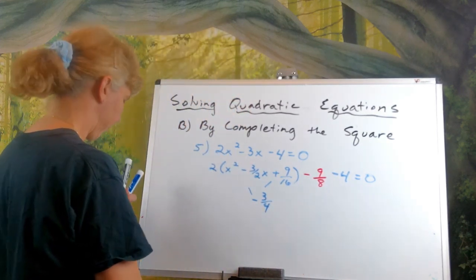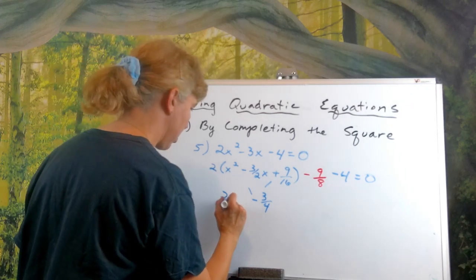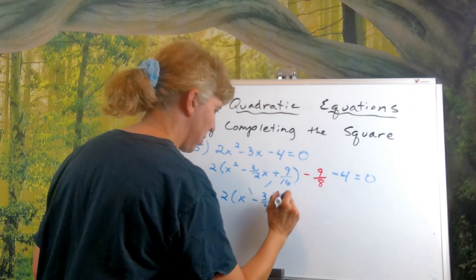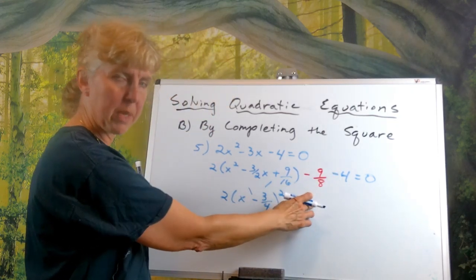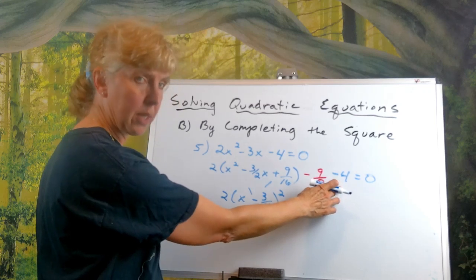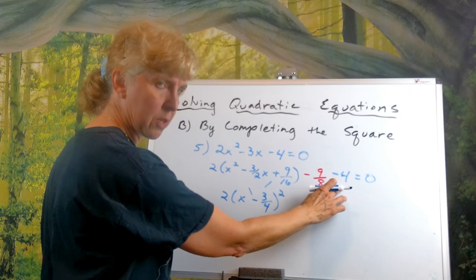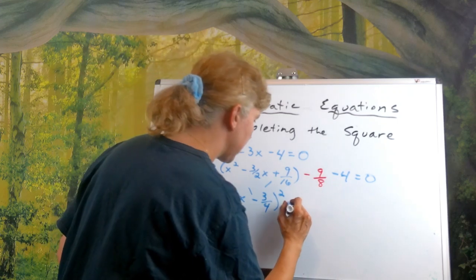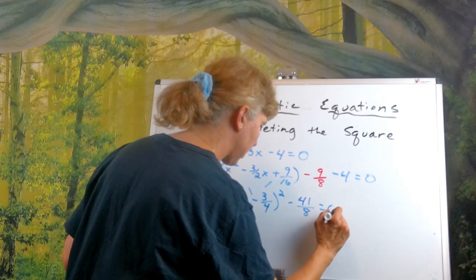All right. And I'm going to not forget my 2 here. All right. Changing this one so that they have common denominators. This is the same as 32/8. So negative 9/8 minus 32/8 should be negative 41/8 equals 0.